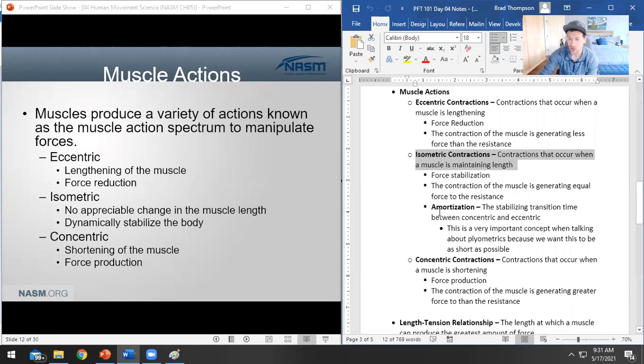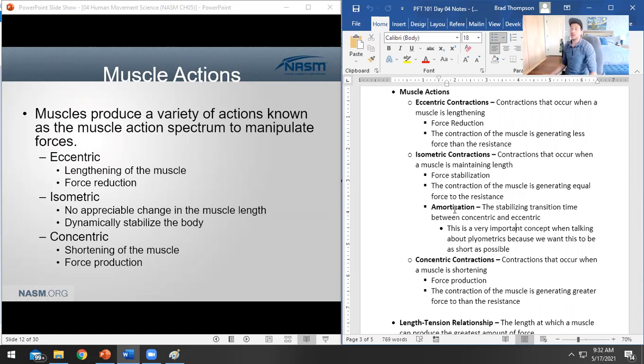Now, there's a special little term that I threw in here. This actually isn't in your PowerPoint, and you're probably not going to be tested on it in this class. But it comes up at the end of the module, so I always like to mention it. There is a special phase sometimes within a lift, which is called amortization. Amortization is a stabilizing transition phase that occurs when you are switching between eccentric and concentric.